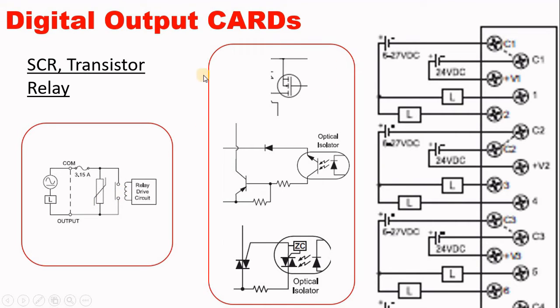The cards with transistor, SCR, or TRIAC will give you a voltage. With the transistor types, they can put a lot of channels into a card, but the problem is that they have a very small current through them. So I use them with an interposing relay to drive a different, higher load for my output.